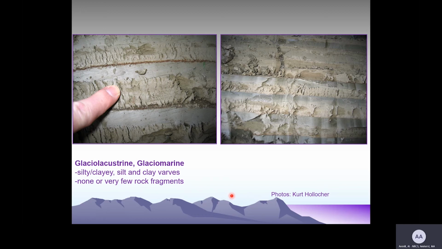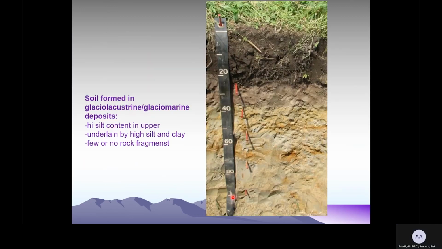But predominantly silty clay material. Typical soil formed in glacial lacustrine, again, has high silt content, especially in the upper part, underlain by high silt and clay, and you're not going to find any rock fragments.